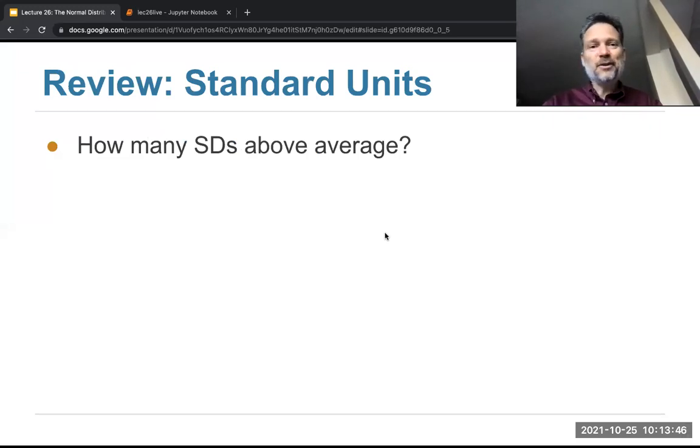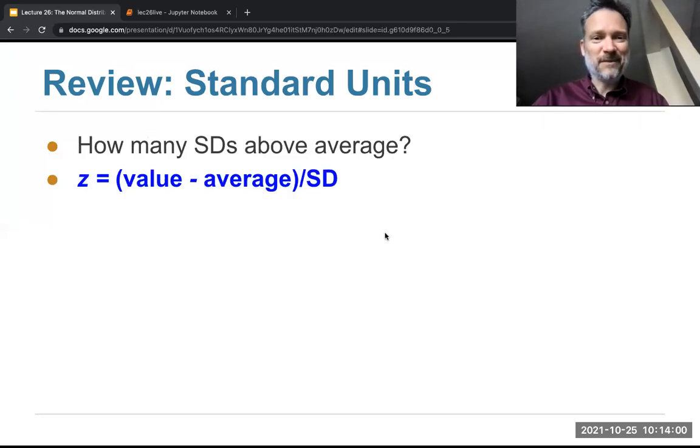Okay, so a little review from Friday. We talked on Friday about standard units, which are a way of converting numbers to be in a standard form, normalizing them. And standard units compute how far above the mean or below the mean a value is.